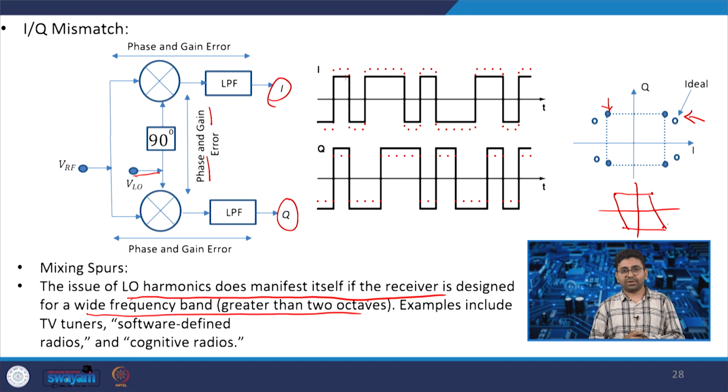If the band is wide, greater than 2 octaves, for example in software defined radio or cognitive radio, where we want a radio that can change, at that time we change the LO frequency widely, and due to that there are more mixing spurs, because the LO frequency has multiple harmonics, n omega LO. So the problem of mixing spurs is also observed in the direct conversion receiver architecture.